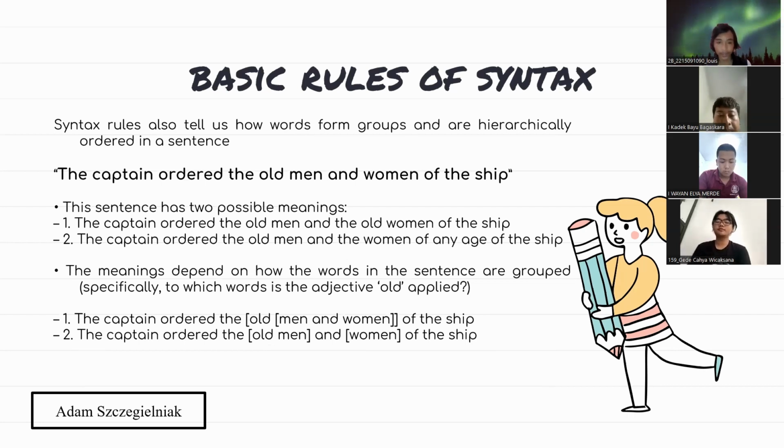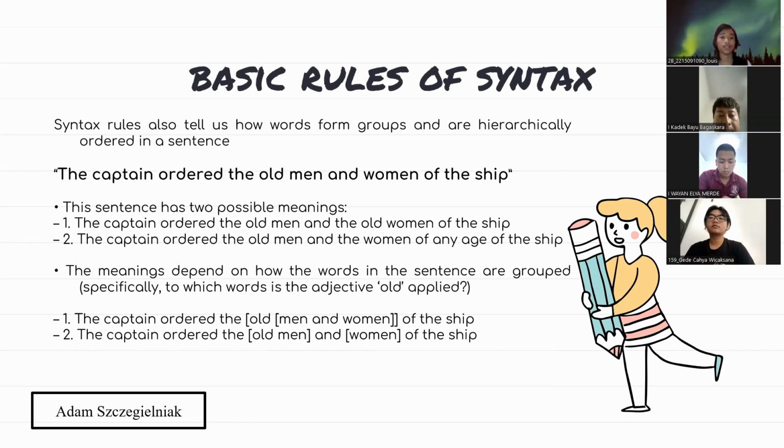I'm going to continue the material on the basic rules of syntax. Syntax rules also tell us how words form groups and are hierarchically ordered in a sentence. For example, the captain ordered the old man and woman off the ship. This sentence has two possible meanings.